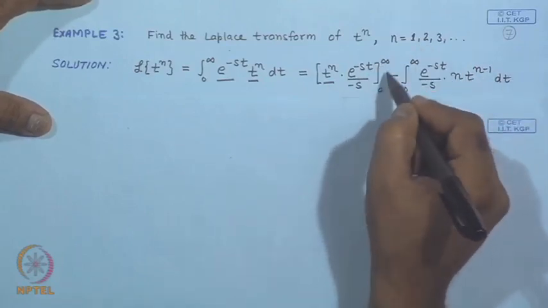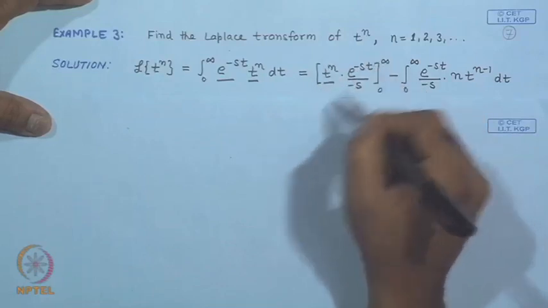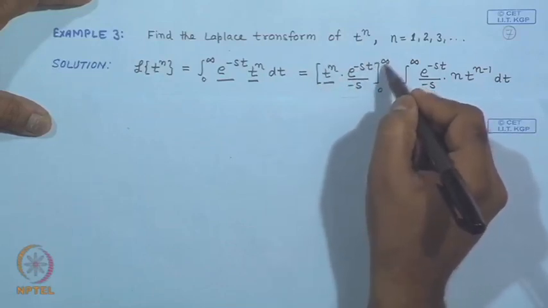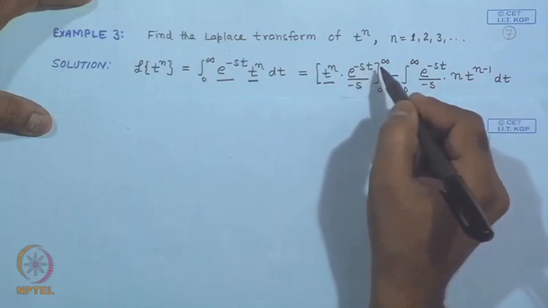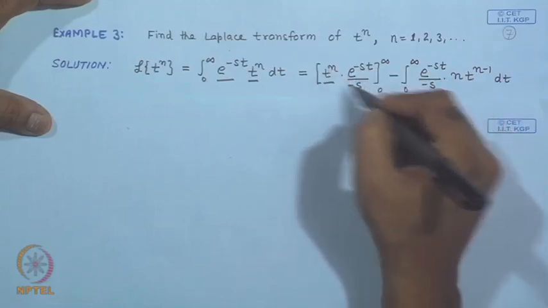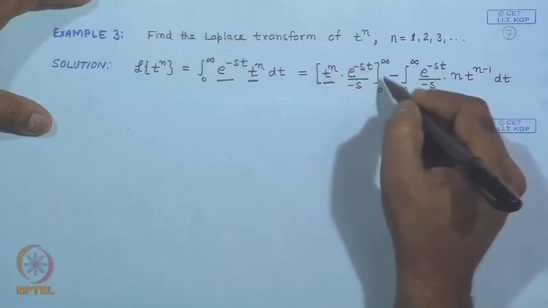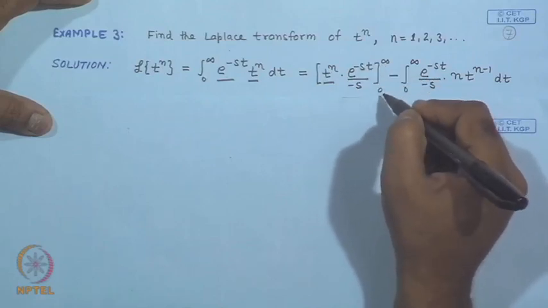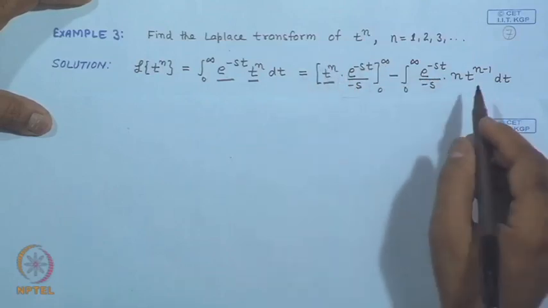The boundary term will go to 0 as t approaches infinity because of e power minus s t, and also it will go to 0 as t approaches 0 because of t power n.